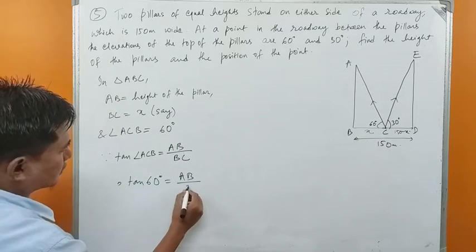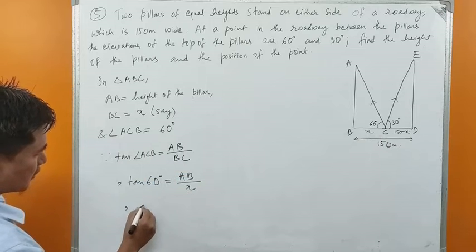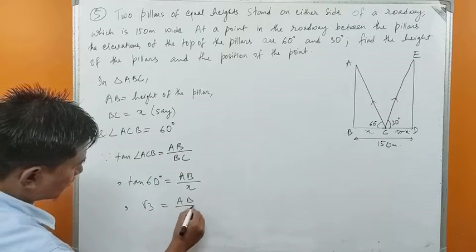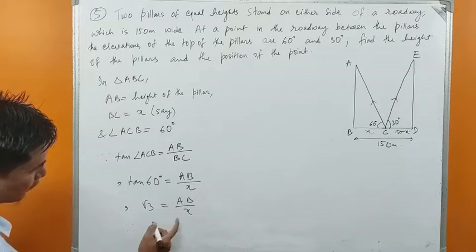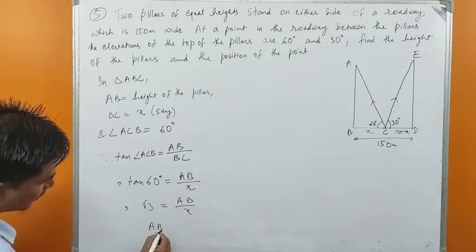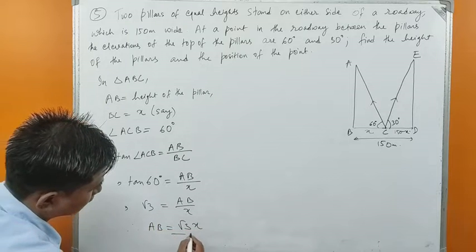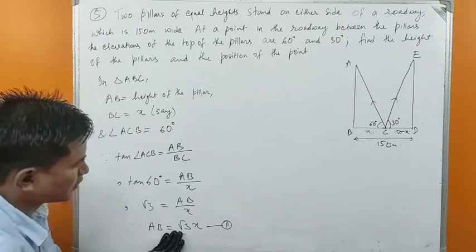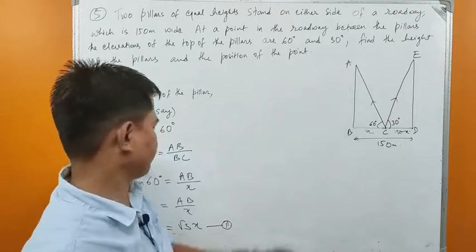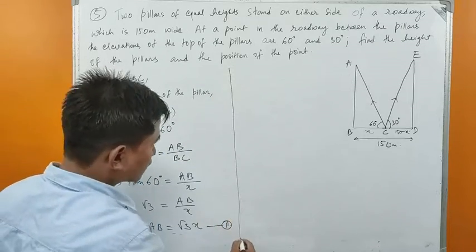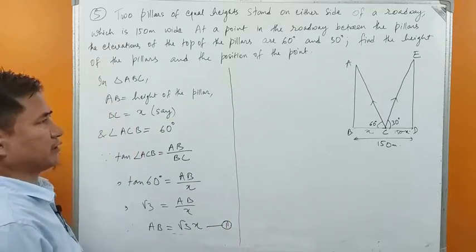Tan 60 means root 3 equals AB upon x. Therefore AB equals root 3 into x. This is equation 1. AB is the height of the pillar. If we know the value of x, we can find the height of the pillar.